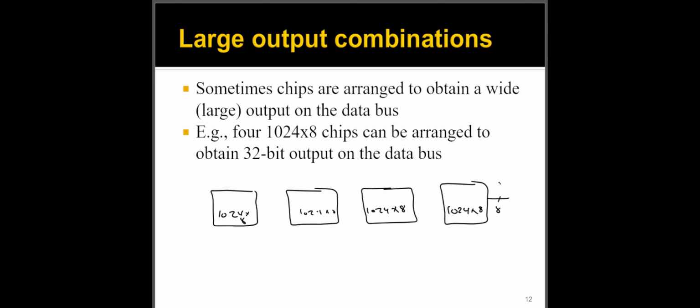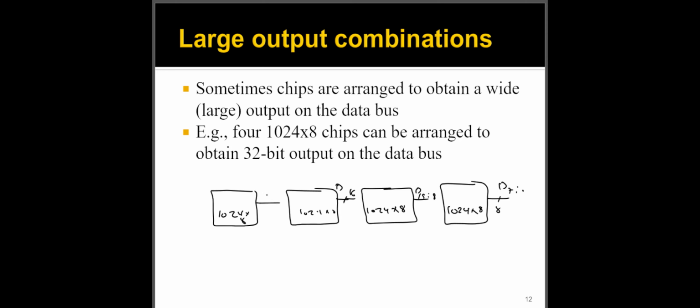So obviously the first one is going to give me D7 down to 0. The next one is going to give me D15 down to 8. And then this one will give me the next 8, and so on. So this is 16 to 23. The font here is not coming up very nicely, but you got the idea.